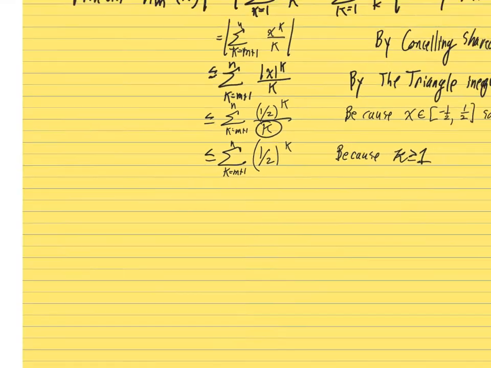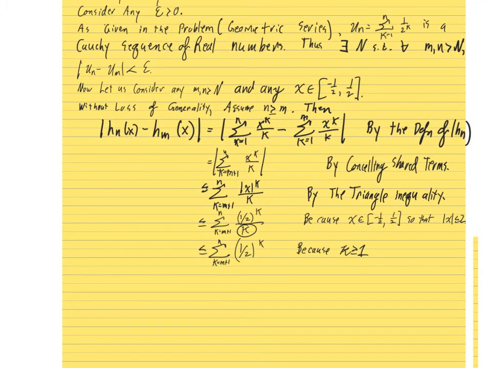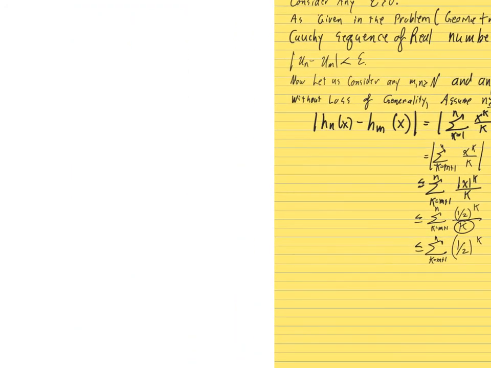Alright, so now let's try to get back to this difference. In order to do that, let's just simplify u sub n minus u sub m and see what we get. So that'll be the sum, absolute values, of 1 over 2 to the k from 1 to n minus the sum from 1 to m of 1 over 2 to the k.